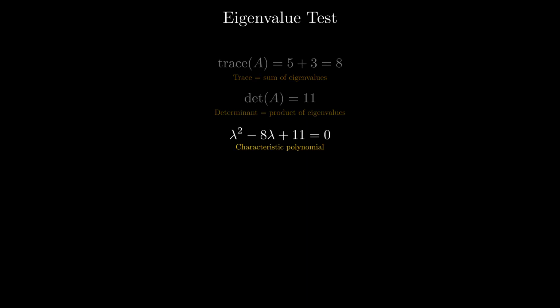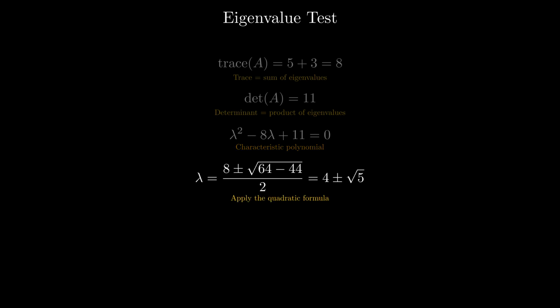Instead of finding eigenvalues directly, we use 2 shortcuts, the trace and the determinant. The trace is the sum of the diagonal entries, 5 plus 3, which equals 8. The determinant we already know is 11. So the characteristic polynomial is lambda squared minus 8 lambda plus 11 equals 0.